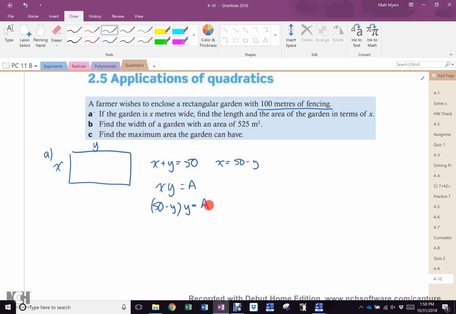Now why is this yucky? What about it looks bad? Because you're right, it should make you go, ugh, I've done this poorly. If I expand this, what am I going to get? I'm going to get 50y minus y squared, aren't I? Isn't y usually by itself? Y equals ax squared, right?